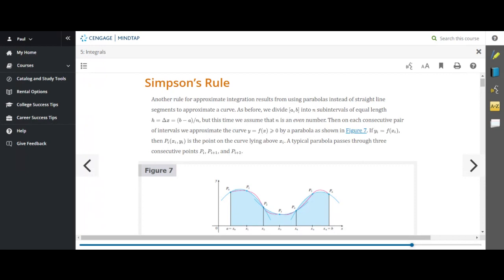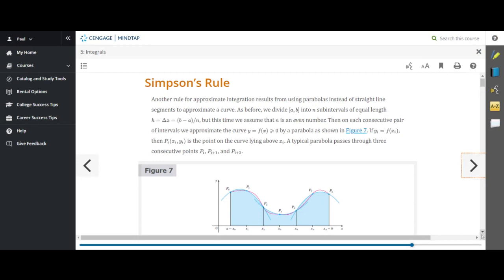So you see parabolas can approximate curvy type functions better than line segments do usually, right? So Simpson's rule is another approximation rule that you'll encounter in section 5.9.